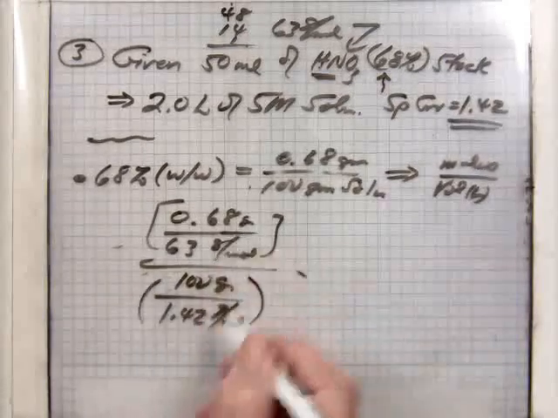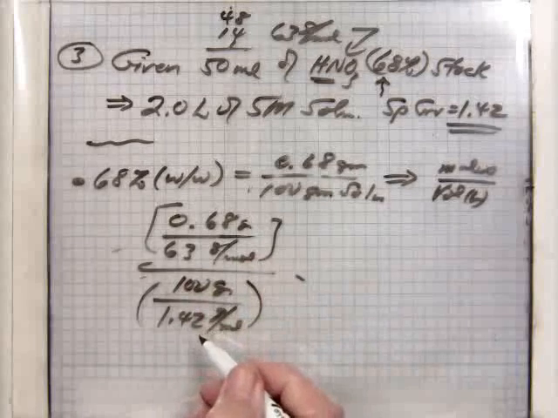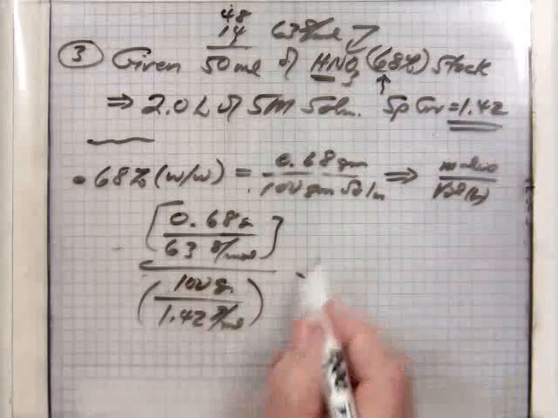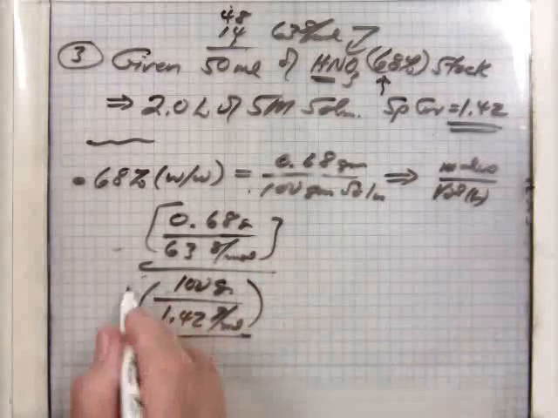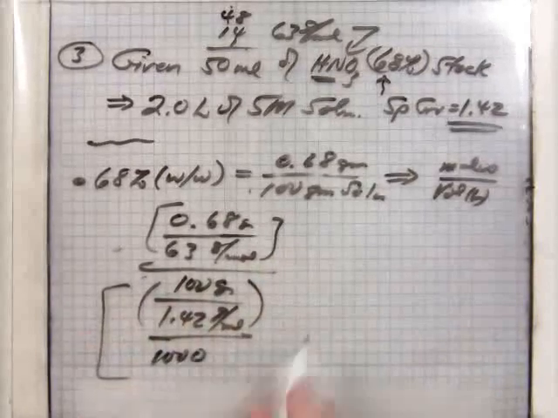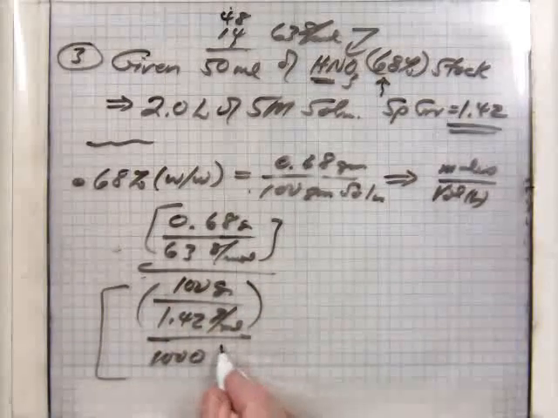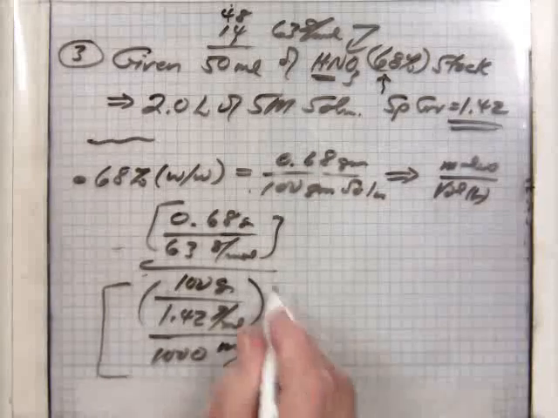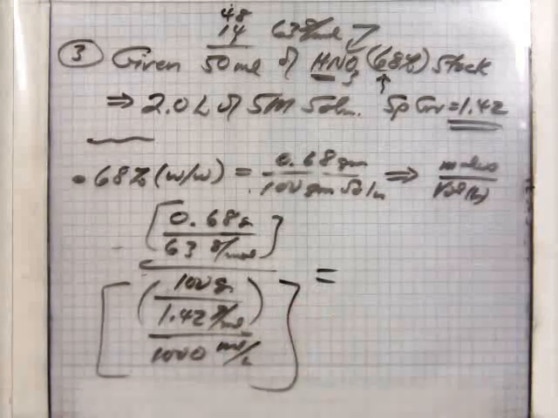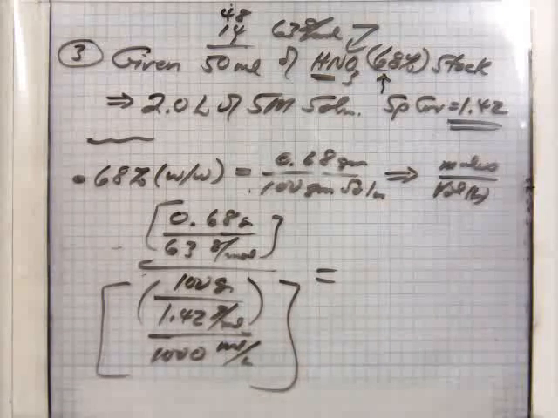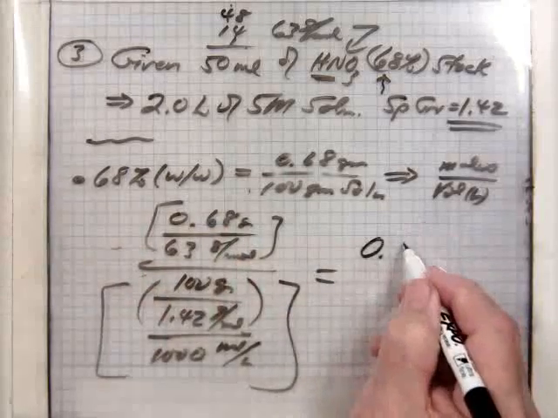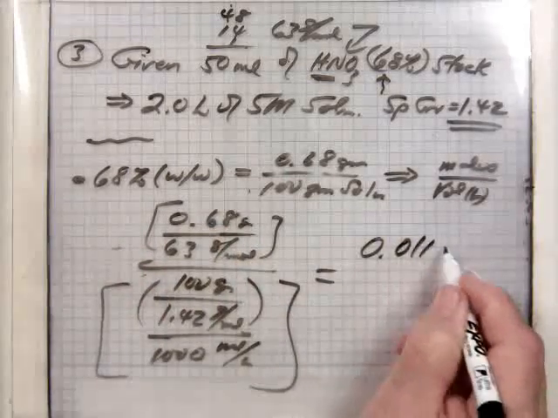Now, that'll give you moles over milliliters, which is not molarity. Okay, so this denominator term needs to be divided by 1,000 milliliters per liter. And that'll give you the concentration of that concentrated acid. So we've got to the top 0.68 divided by 63, and that gives us 0.011 mole.